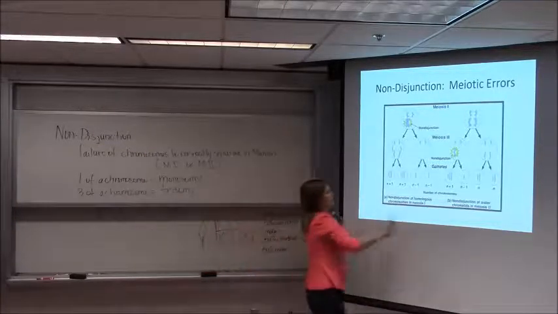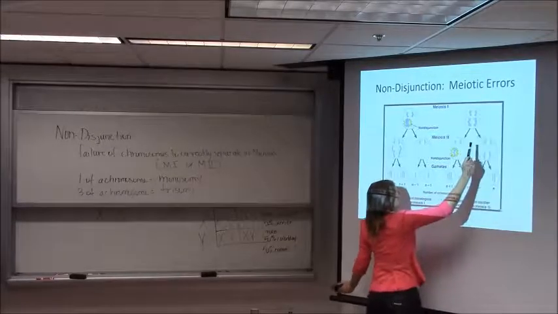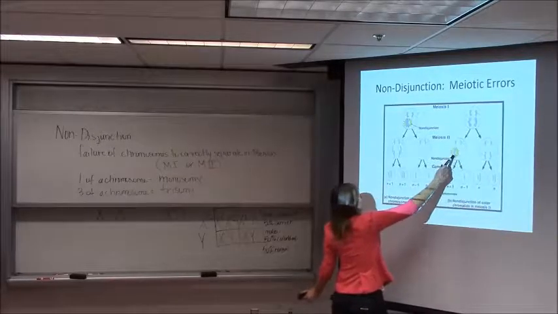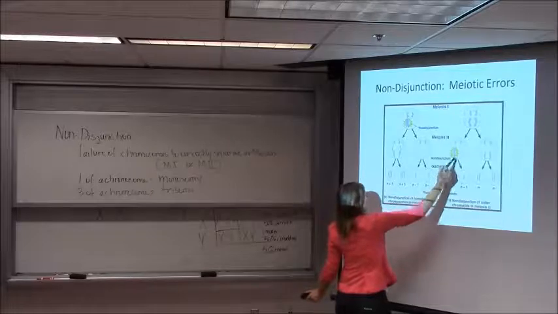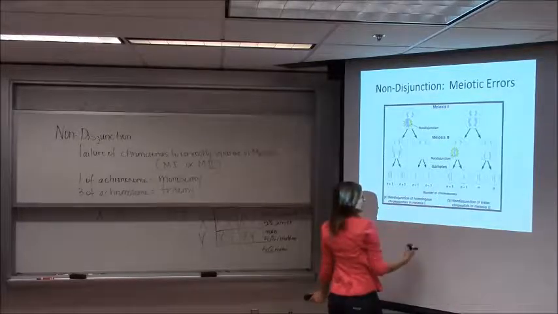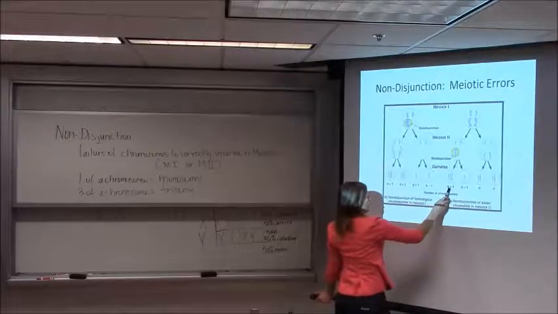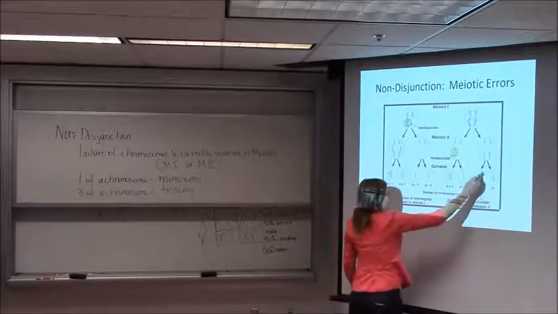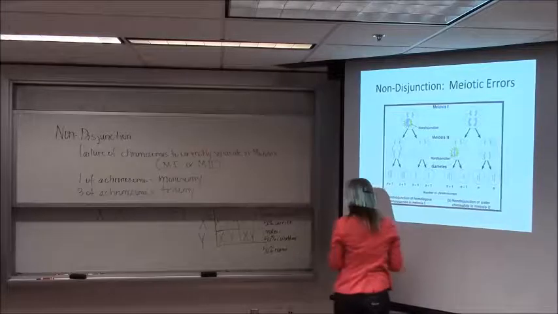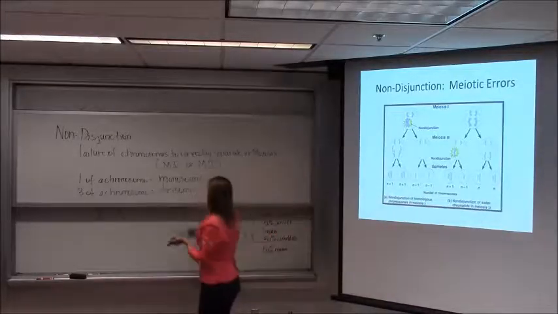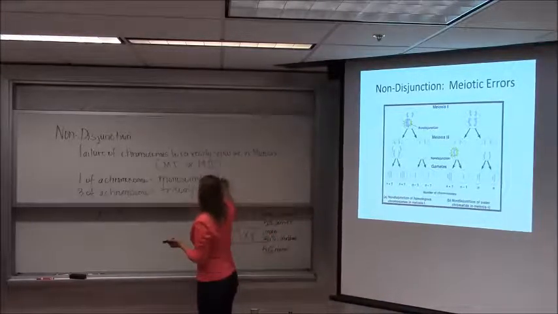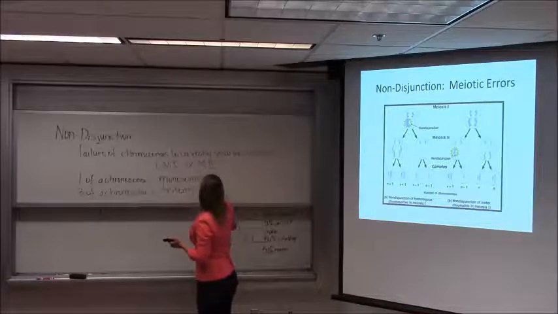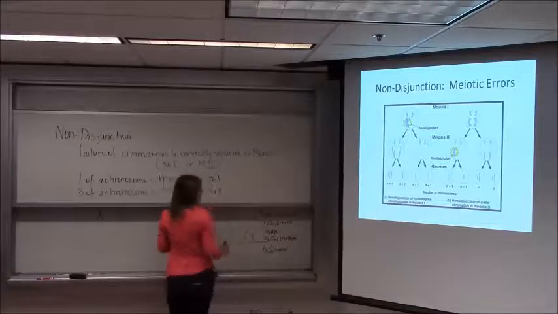Let's look at, this had happened normally in meiosis 1, and then in meiosis 2, these didn't pull apart. Same thing. You're going to end up with 1 cell that has too much DNA and 1 that doesn't have enough. This would be the normal condition. Okay, so 1 of a chromosome is going to be N minus 1, and extra is going to be N plus 1. N is the normal.